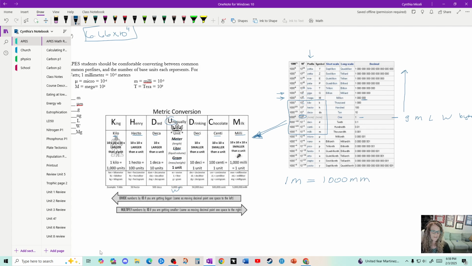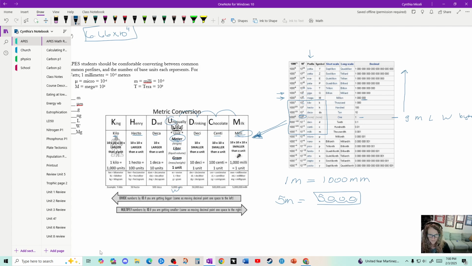But if I didn't know that, let's say 5 meters, I can look here and go, I'm going from meter to millimeter, and I'm going to jump 1, 2, 3 times, which means I'm going to move this decimal 1, 2, 3 times. Every time I do a jump, I stick a 0 in it, and that's how I can figure out moving back and forth on here.